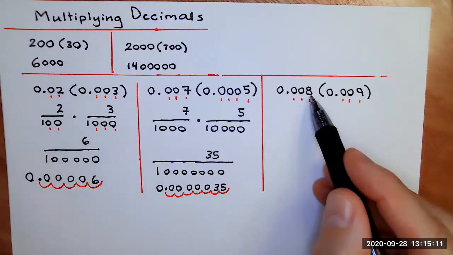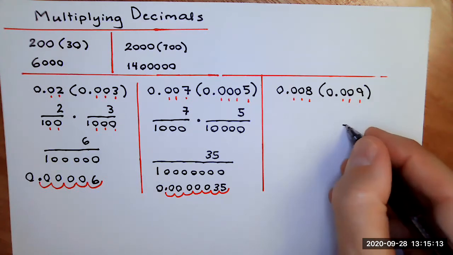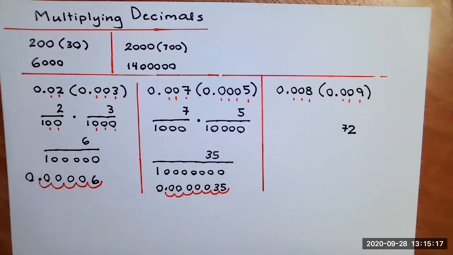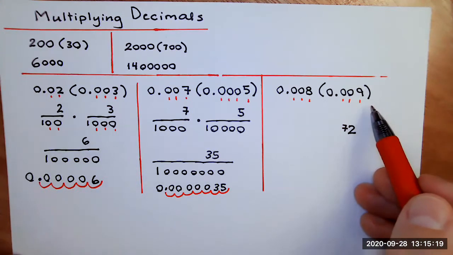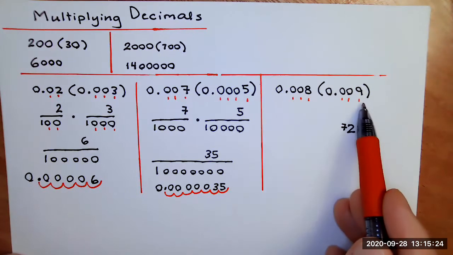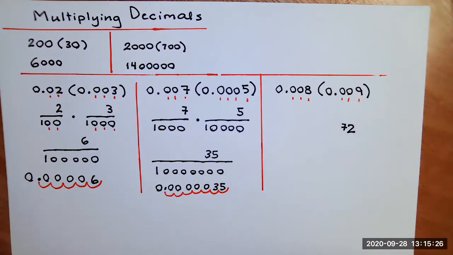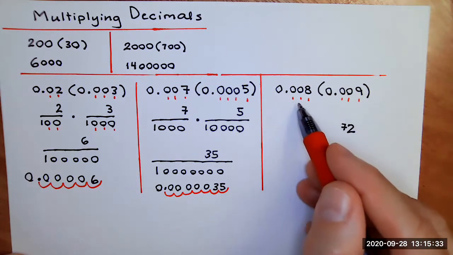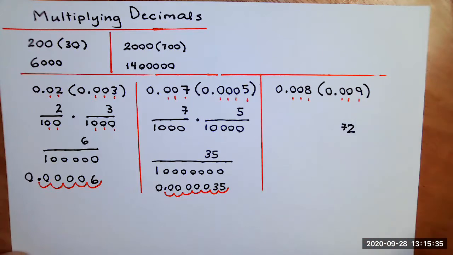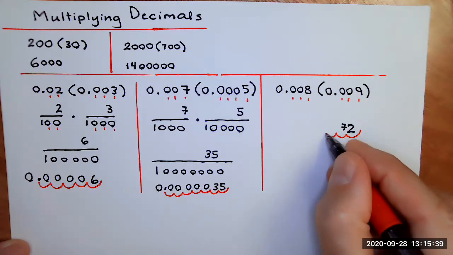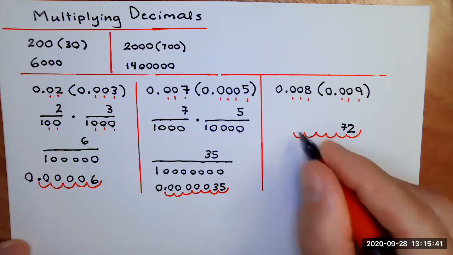So we're going to multiply the whole number parts. 8 times 9 makes 72. And how many places will we move it? We're going to move it, what do you think? That's right, 6 places, because there's a total of 6 digits behind the decimal point. 1, 2, 3, 4, 5, 6.